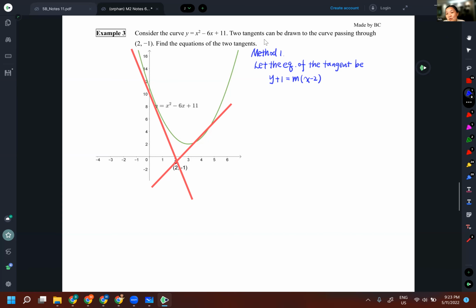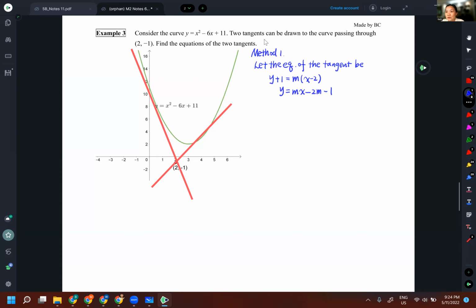So I let the slope be m. The equation can be written this way, and I will simplify it to the slope intercept form.